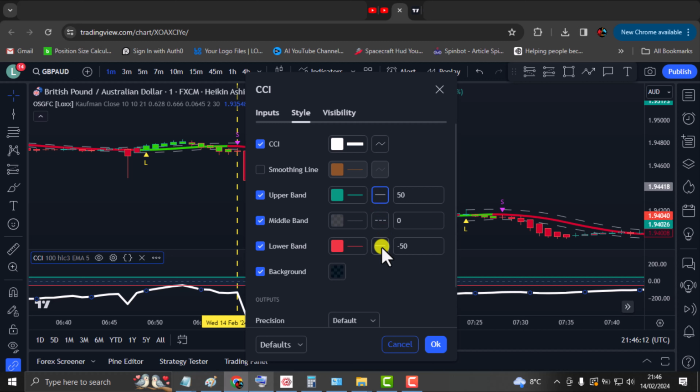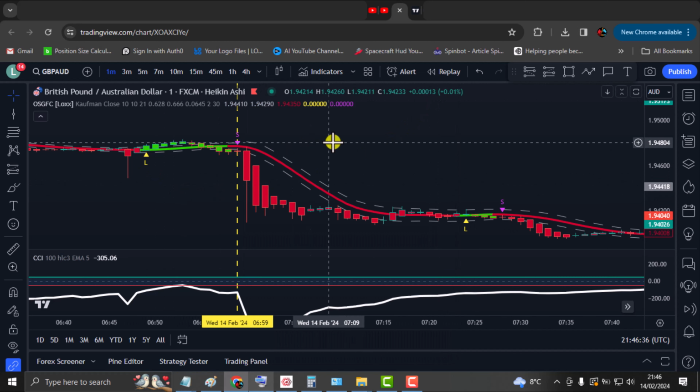Both are lines. The upper band is 50 and the lower band is -50. This will indicate for us where we have the confirmation to go long or to go short.